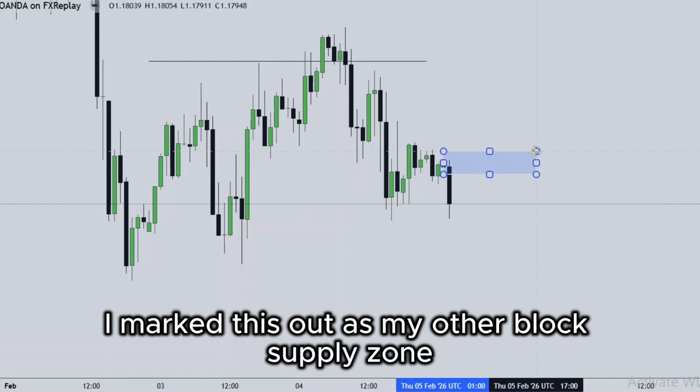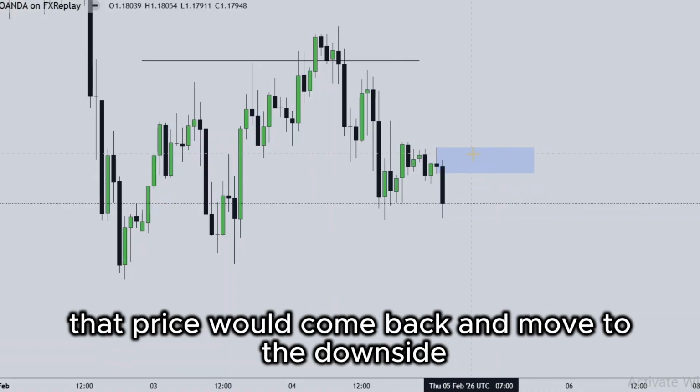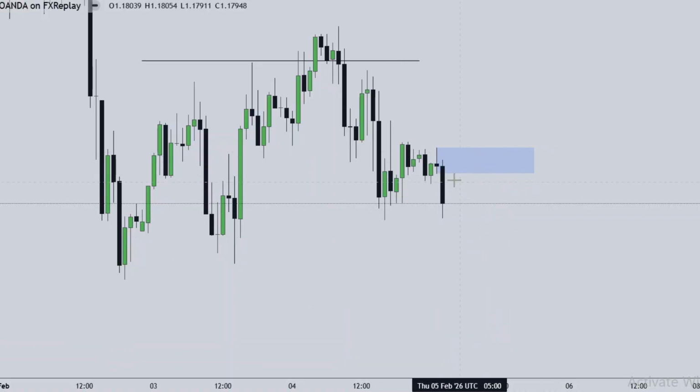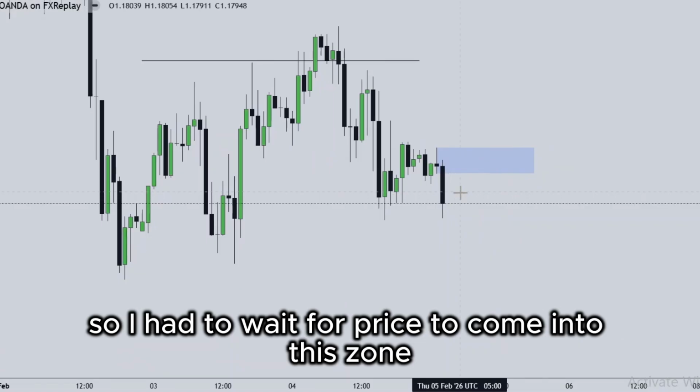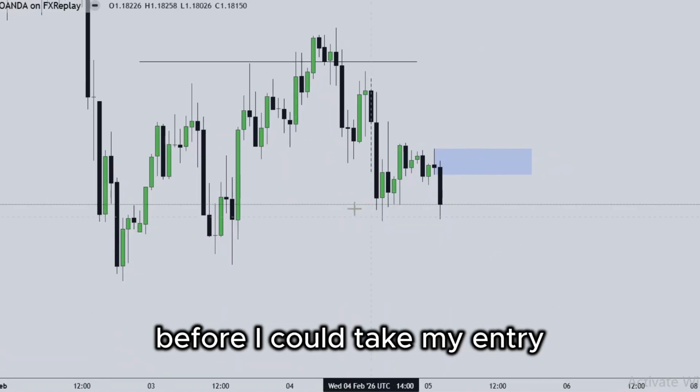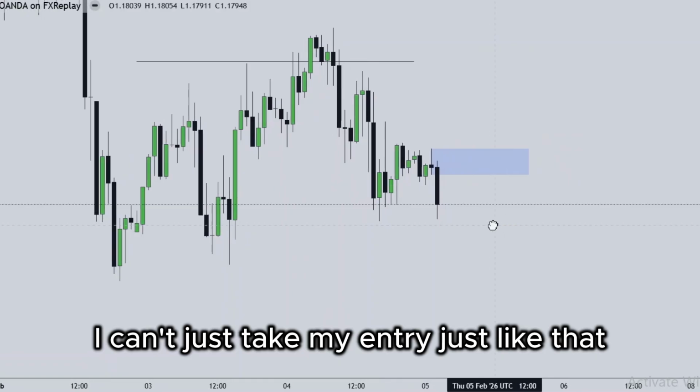I mark this out as my order block supply zone that price would come back and move to the downside. So I had to wait for price to come into this zone before I could take my entry. I can't just take my entry just like that.